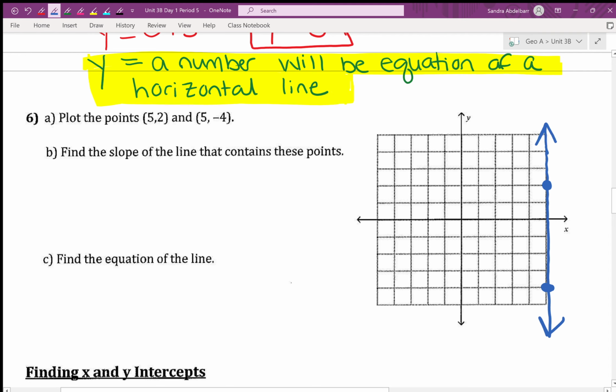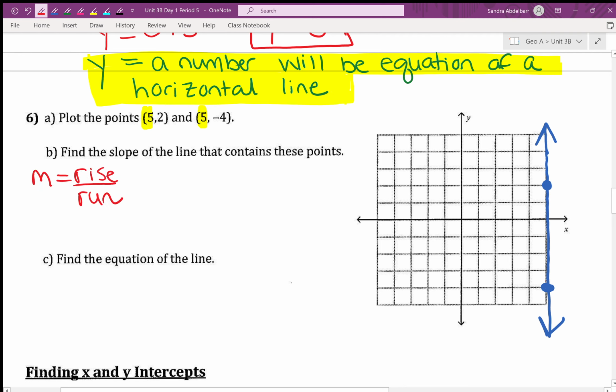Where is our vertical line? At what point? Or what x coordinate does it keep going through? 5. Okay, now let's find the slope of this line. Now, our slope is always found by rise over run.